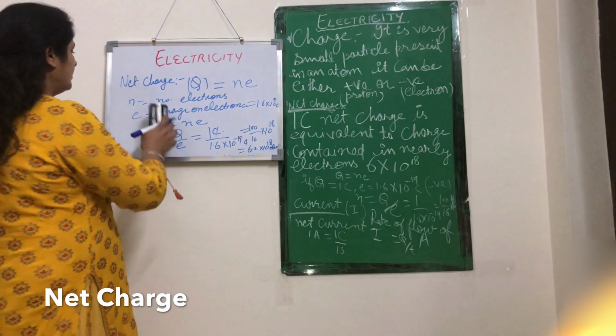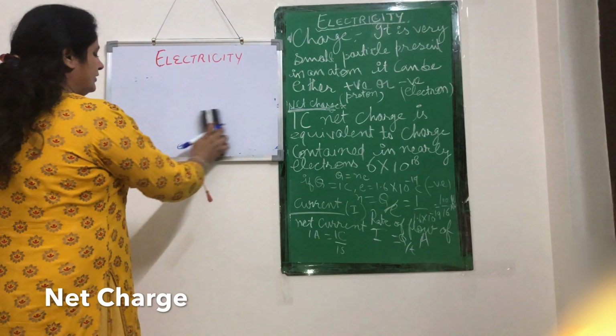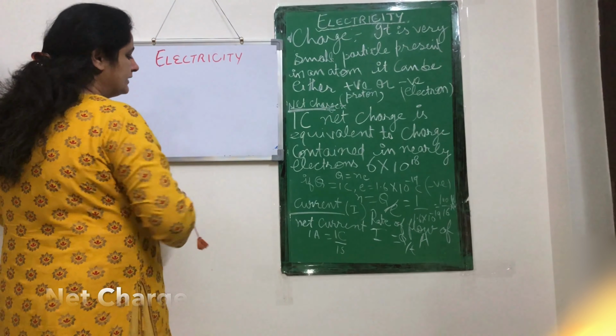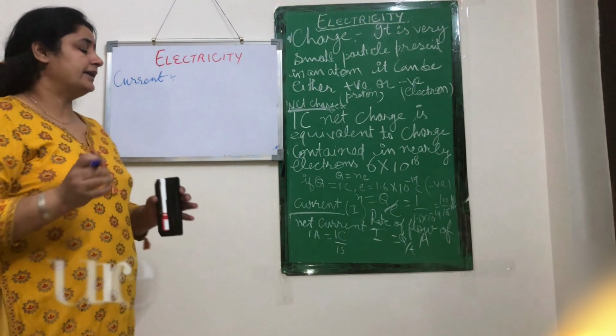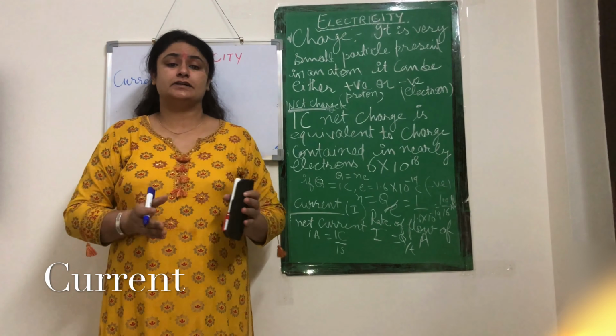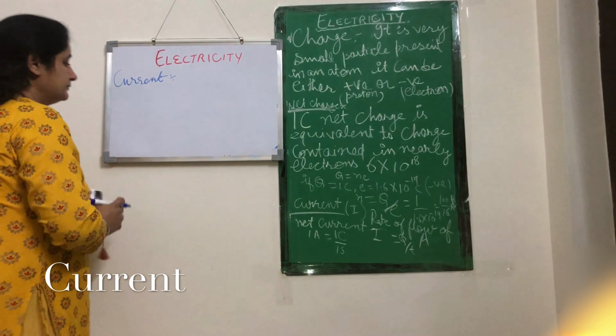This is all about net charge that you must have in your mind to understand the topic of electricity. Next topic is current. Current is rate of flow of net charge, that is called current.